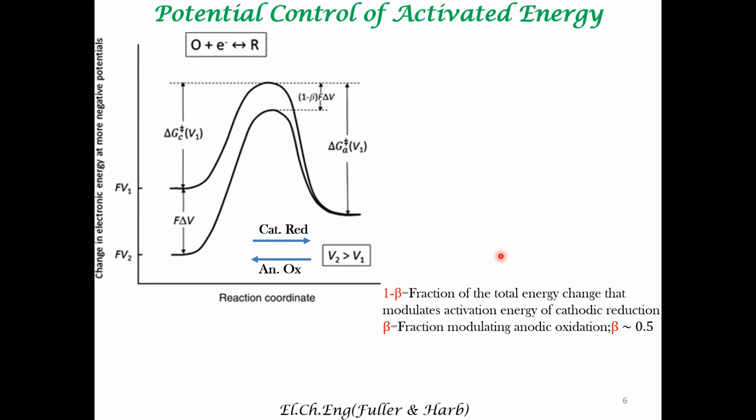The essence of electrochemical reactions is that you are manipulating the electrode potential. This electrode potential is going to control dominantly the chemical potential of the electrons, which in effect controls the energy of the activated state.